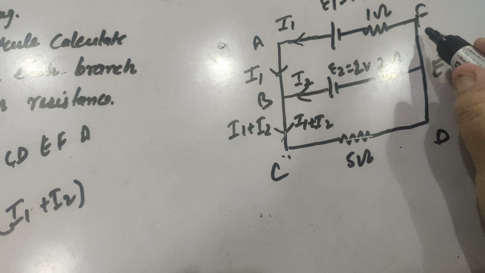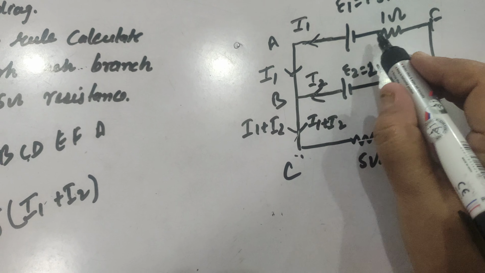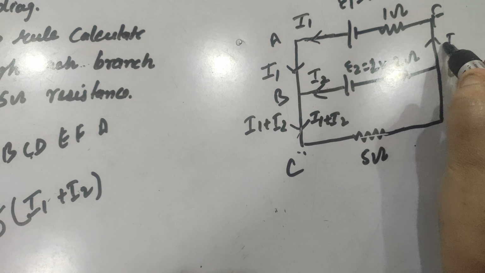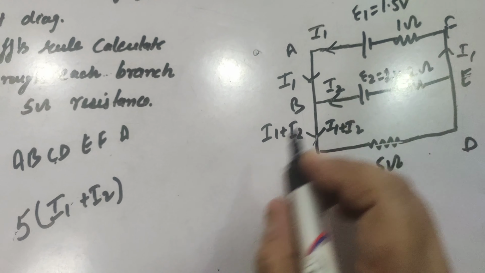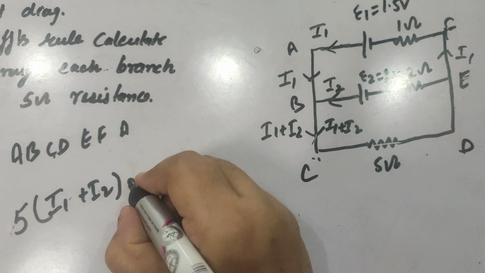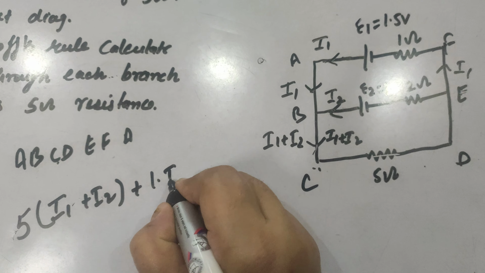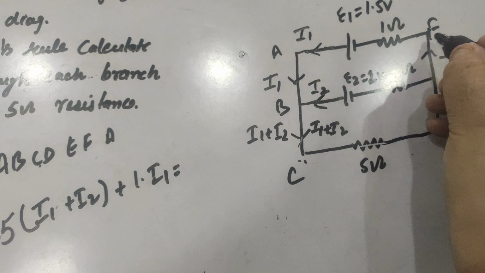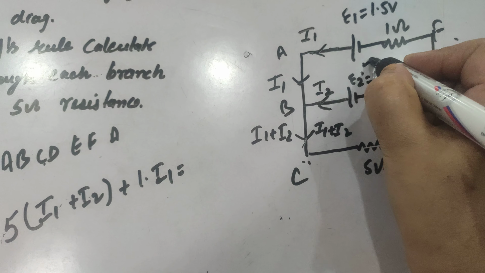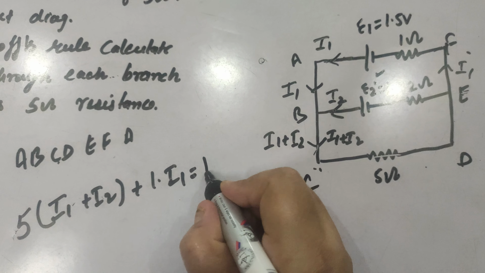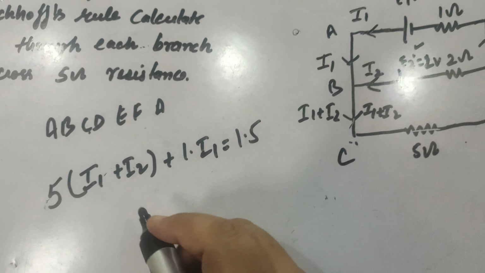Now when we go to this end, you can see the current I1 will go through it. So we write 1 into I1, and it is positive. The negative terminal is encountered first, so the EMF is taken as positive, that is 1.5 volt.